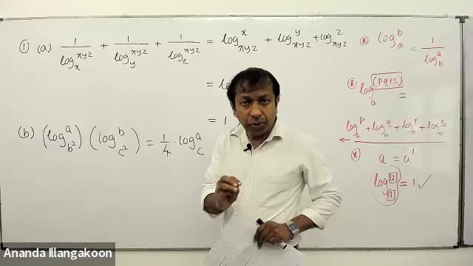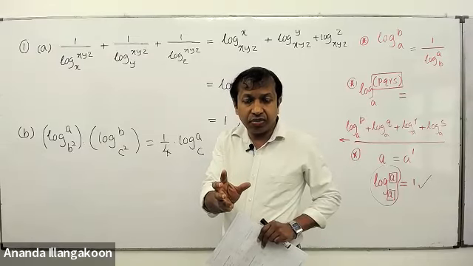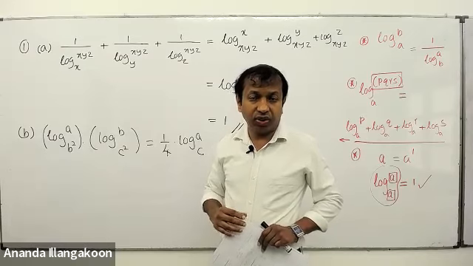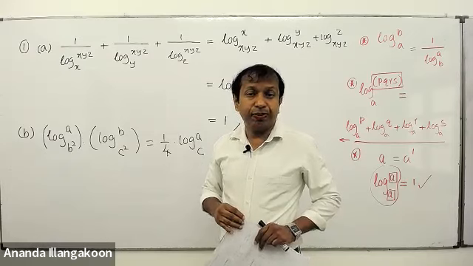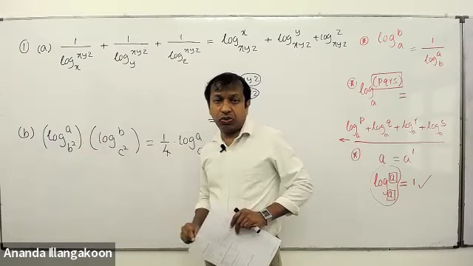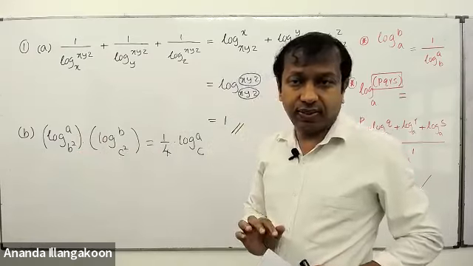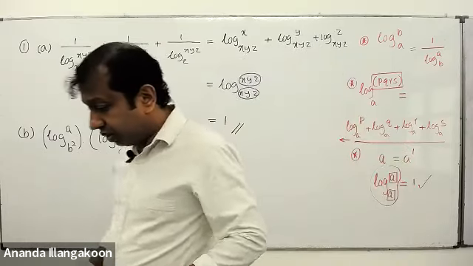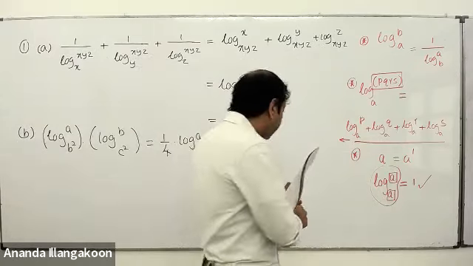You know, the base of a log we can change by using the change of base formula. So I am now using, people, the change of base formula on this log term and this log term, introducing the new base as c. What is the change of base formula we learned? It is this, no?